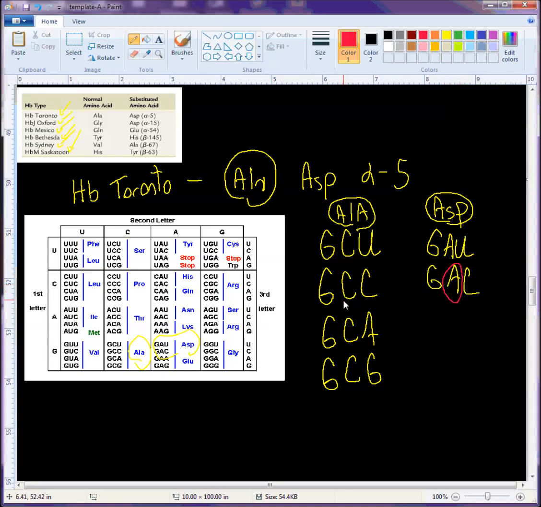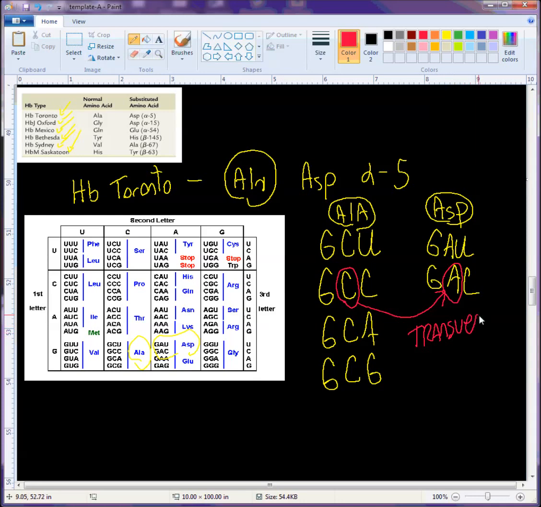So if this codon in most individuals for this alanine is GCC, well, if we had a mutation that changed that C to an A, okay, but one point mutation, one little change, this would be a transversion, right?